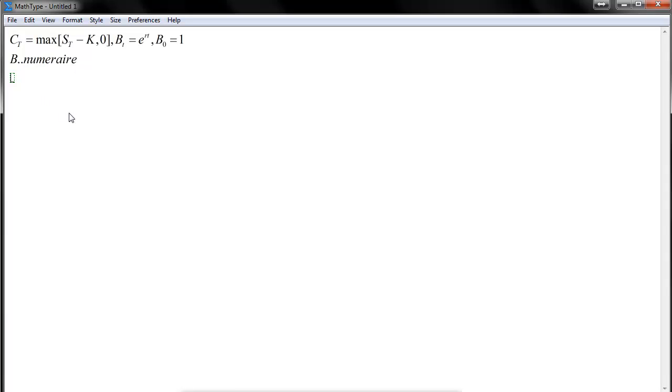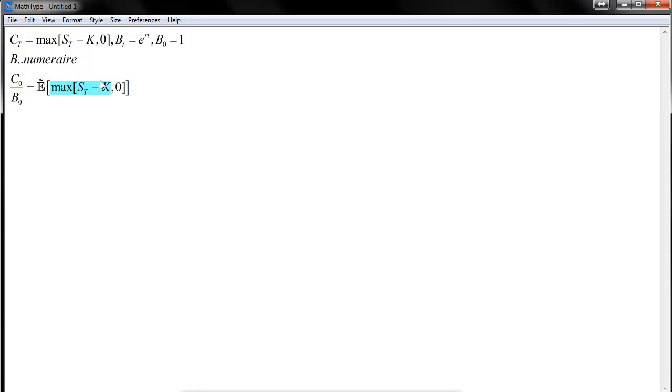Okay, and from the risk-neutral pricing formula we know that the value of the option at time 0 divided by the riskless account at time 0 must be equal to some expectation, but the expectation is induced by the numeraire asset, so it's some kind of risk neutral expectation of the payoff, the discounted payoff.